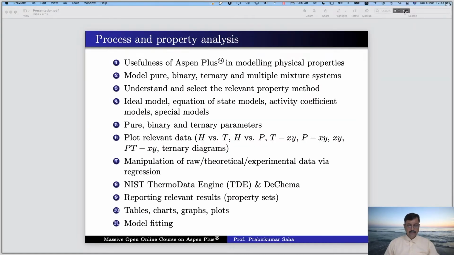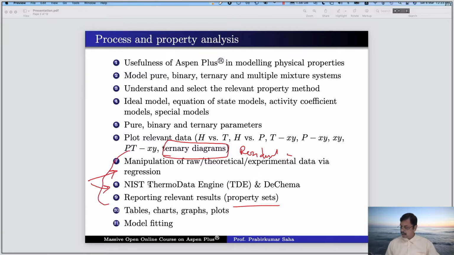In today's lecture, we shall continue with the last portion of plotting relevant data on ternary diagrams, and we'll also learn residual curves, and then we shall go to the regression of data, collection of data from openly available data banks, and reporting relevant results on property sets.